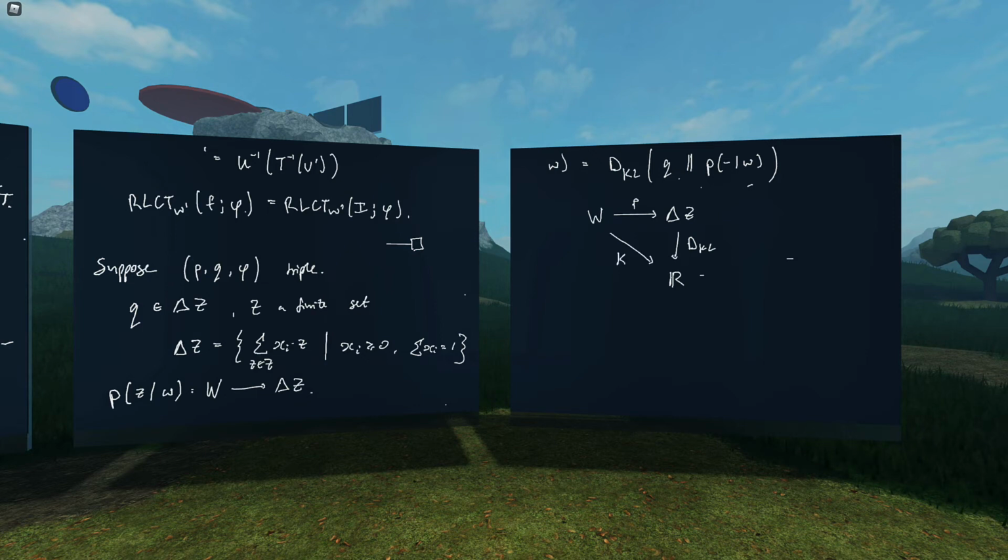So this factors like that, dKL against some Q, where Q is just a point in that probability simplex.